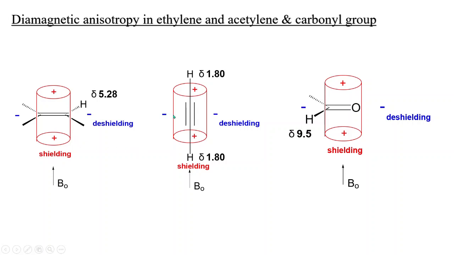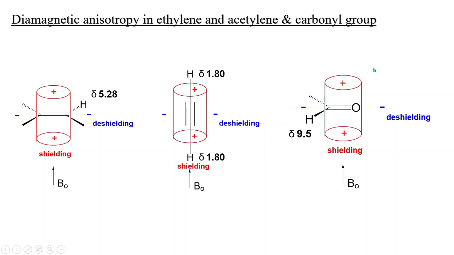Now if you come to the acetylene group, this will have two regions. One is the shielding region at this end, and also the de-shielding region at this end and at this end. So this proton, which is in the shielding region, will resonate at a chemical shift value of 1.80.